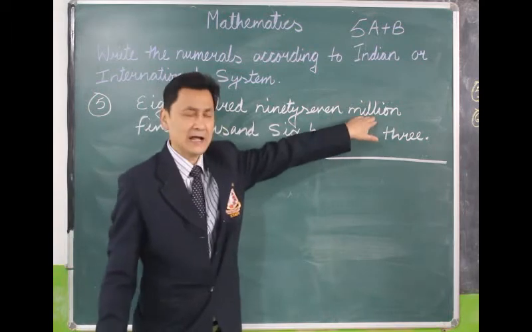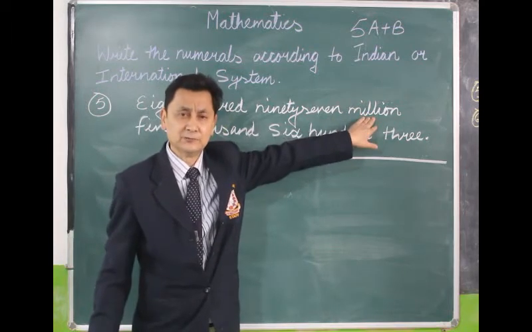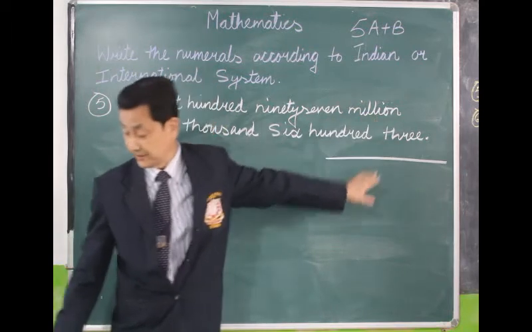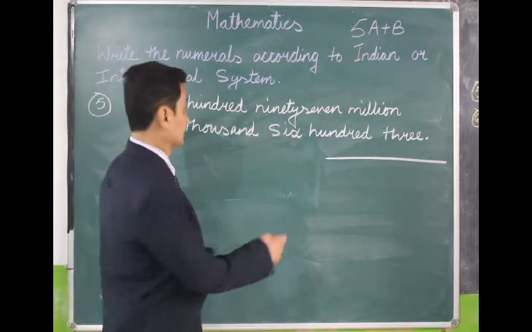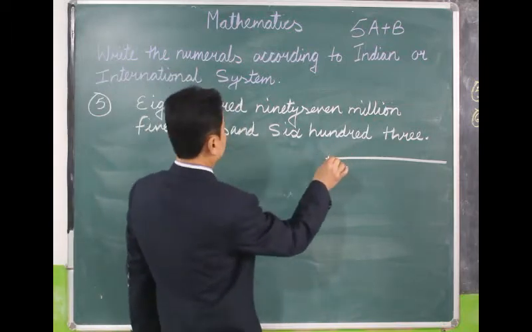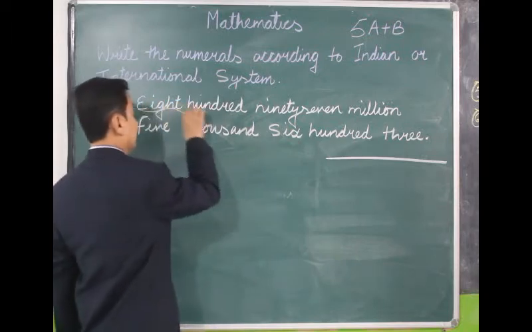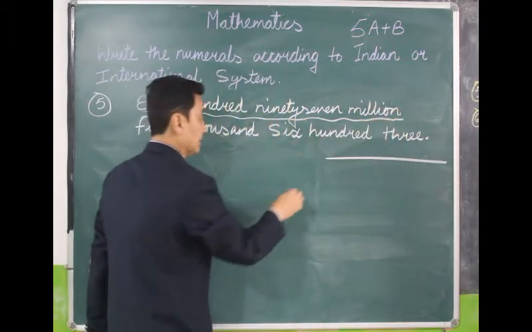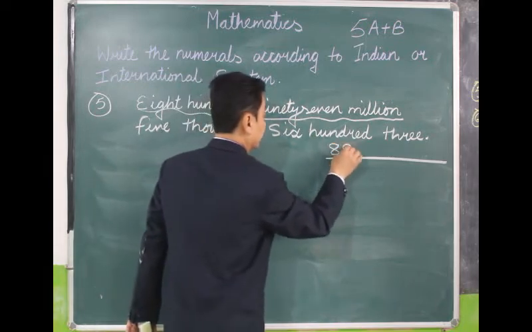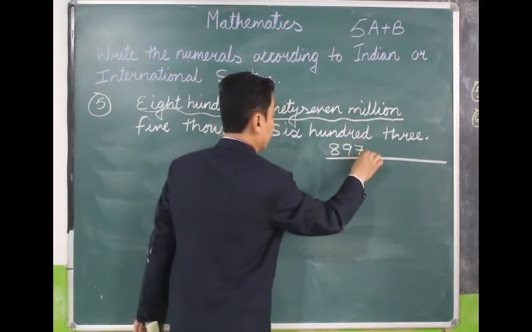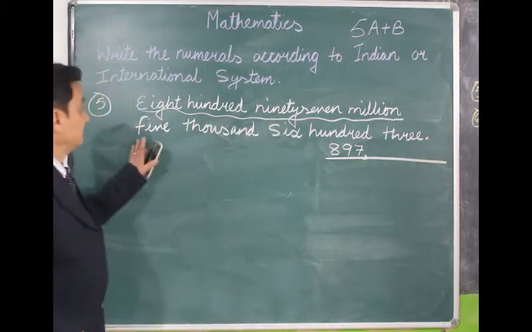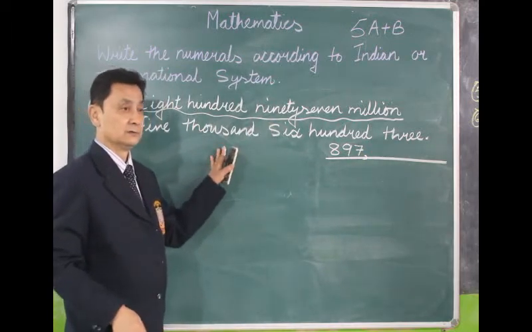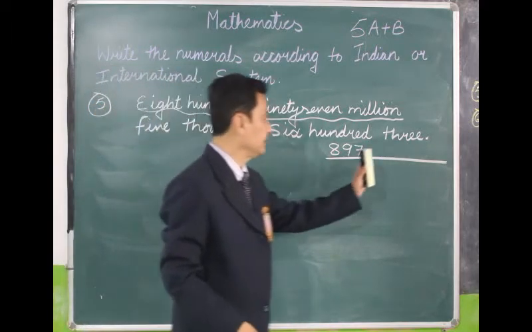Okay, let's try this. 897 million. As you read the word million, it is in which system? Very good. International system. So let's write 897 million. Only let's write this place then. 5,000. How many digits should be there?